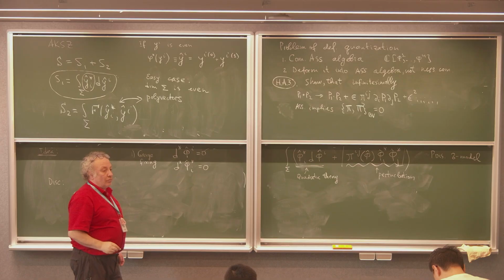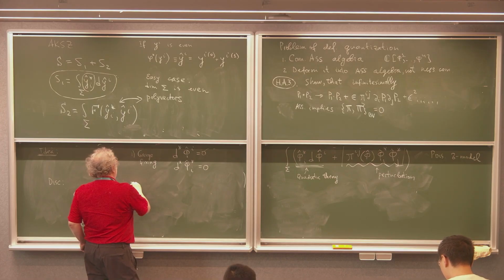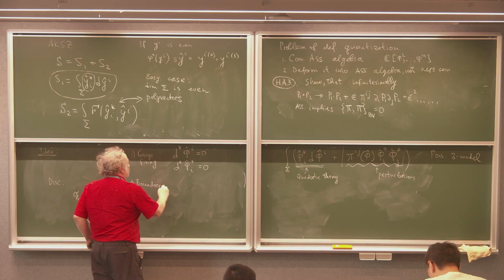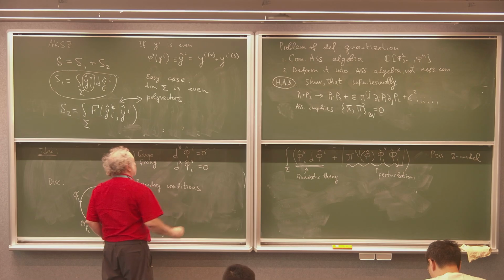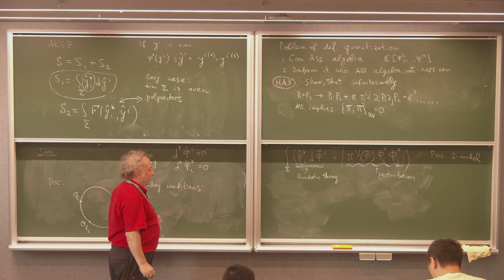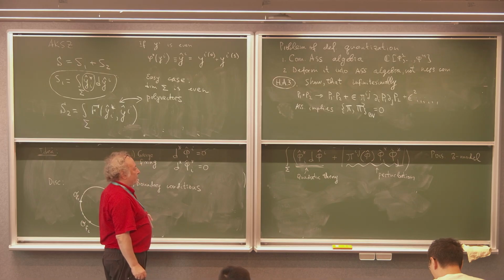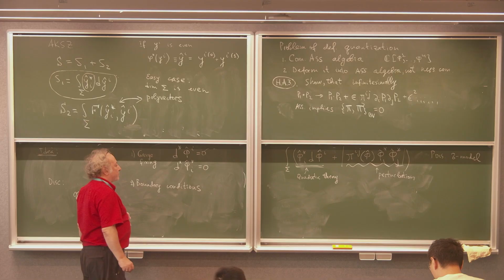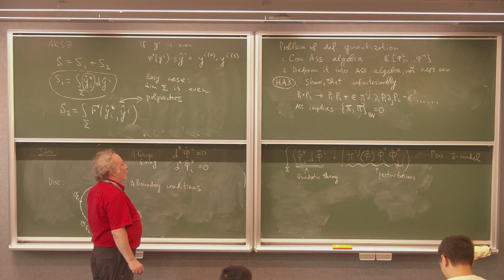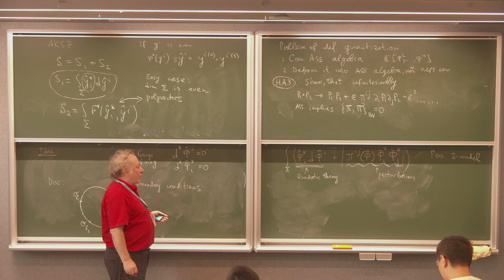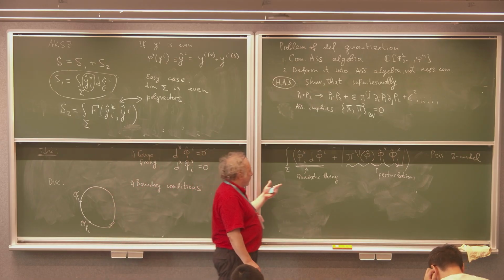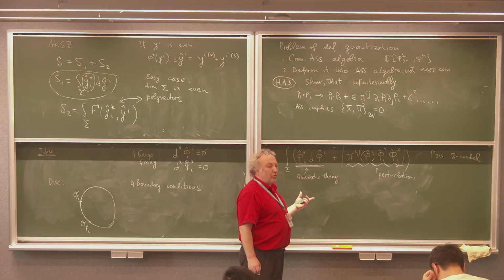What else should we do? We need to impose boundary conditions. We need such boundary conditions that the boundary terms of the action should vanish.